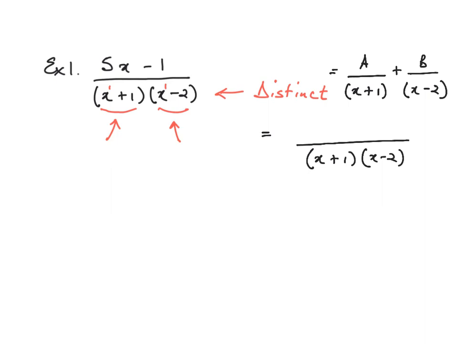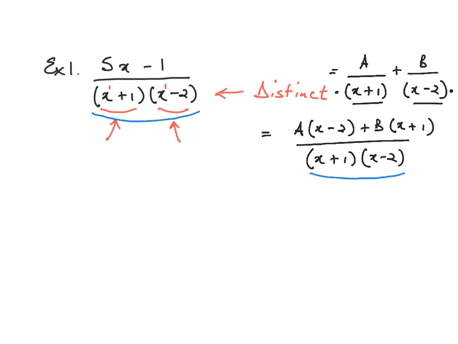I multiply x plus 1 by x minus 2 to get the common denominator. I must multiply the a by x minus 2. I multiply this x minus 2 by x plus 1 to get the common denominator, so I must multiply the b by x plus 1. Okay, now this here and this here are the same.